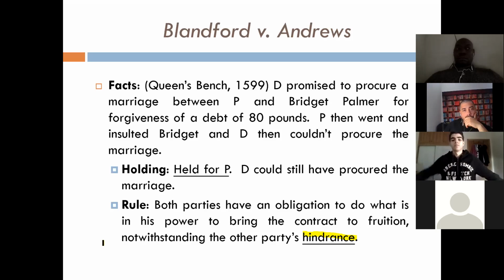This is still a rule today, that if you make it difficult for someone to complete the contract. For example, let's say I have a contract with Jordan, and your family sells beer. Your family's a brewery.